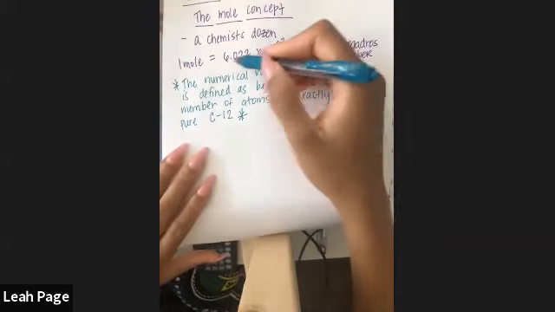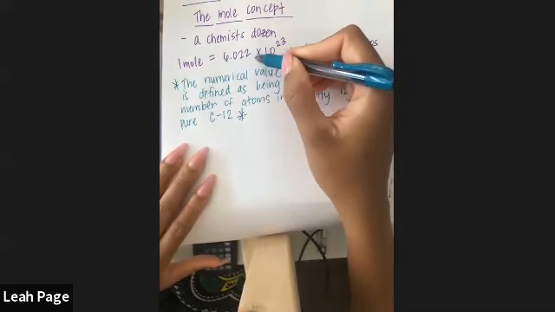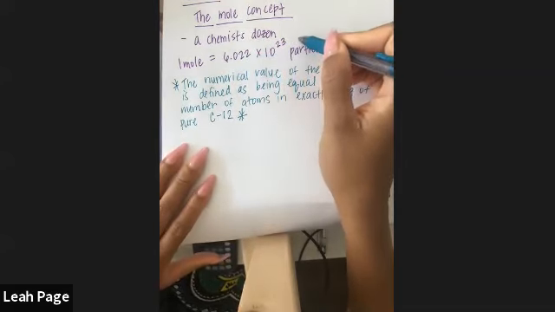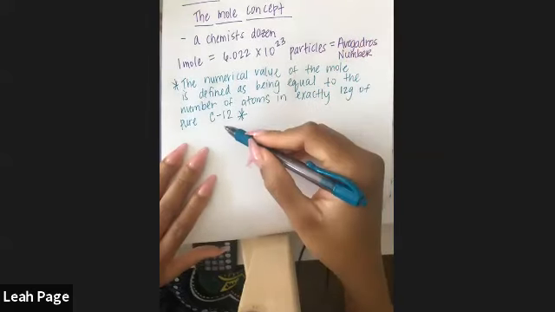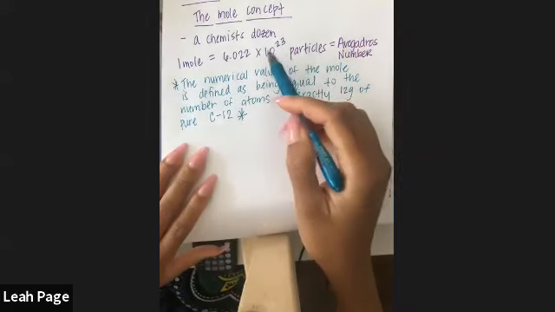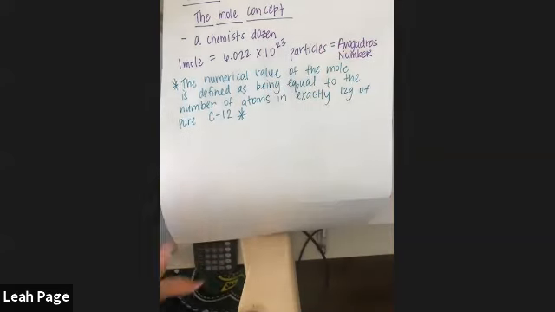So this number right here, this 6.022 times 10 to the power of 23, is equal to if I had 12 grams of carbon 12.